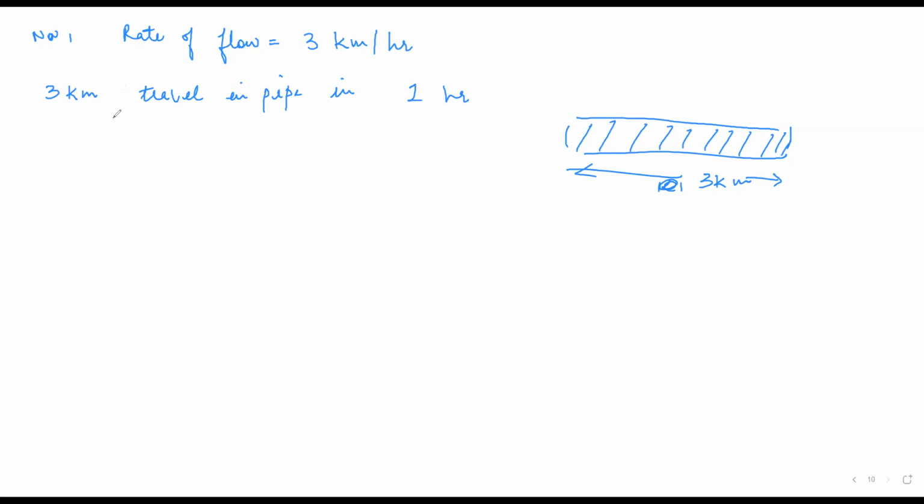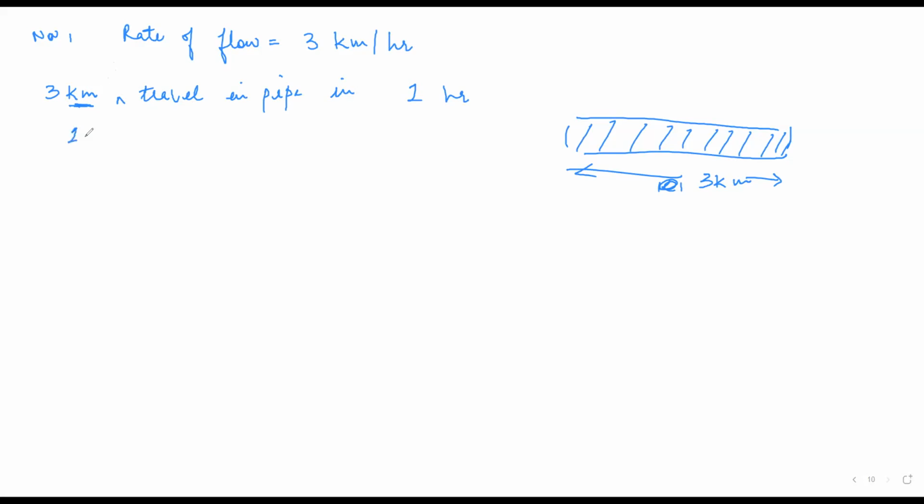I just want to equate something. So 3 kilometer is not the volume because kilometer means length. What will I call it? 3 kilometer of what travels in pipe in 1 hour? Okay, just leave it. Let me complete the question and think about it.